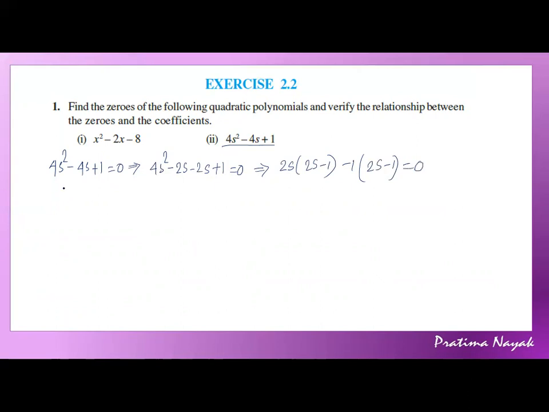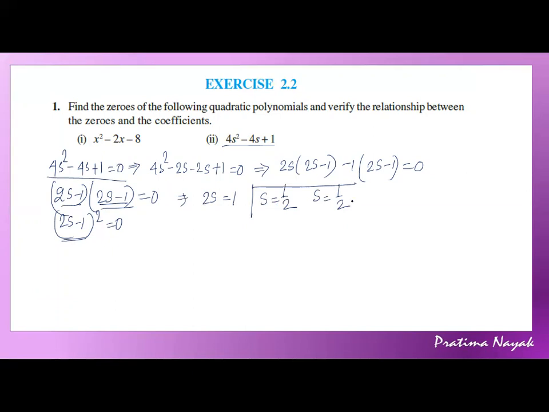So I am getting 2s minus 1 into 2s minus 1 is 0. Or sometimes you will do it directly, you will get 2s minus 1 whole square is 0. So this gives you 2s is equal to 1, s is equal to half. This also gives you half. So when it is a square, it gives you equal zeros. s is half, s is also half.